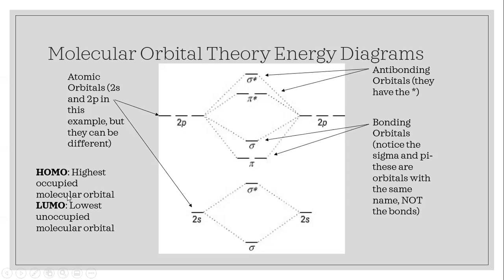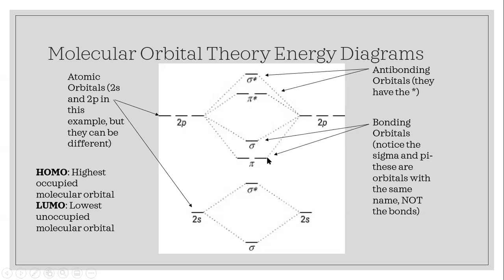Your HOMO, the highest occupied molecular orbital, is pretty self-explanatory. This is a molecular orbital, and if it has 2 electrons, it's occupied. If there's nothing in these pi orbitals, that means this sigma star would be the HOMO, because there would be 2 electrons in it. And then the LUMO would just be this pi right next to it, because it's the lowest unoccupied molecular orbital.